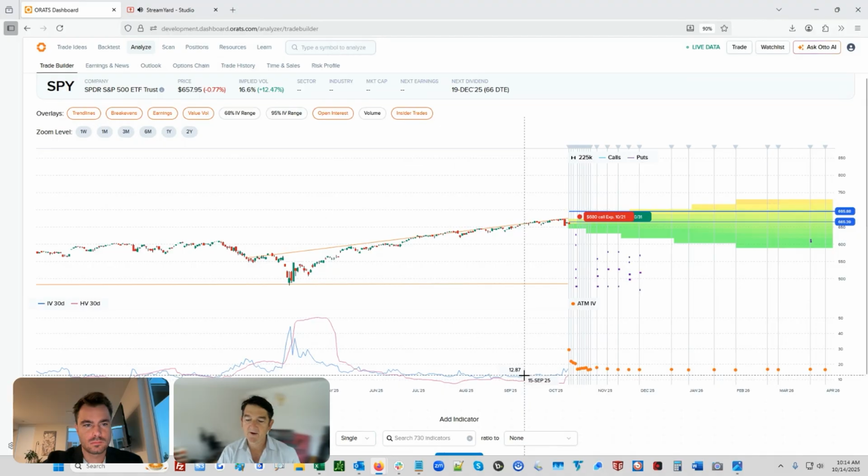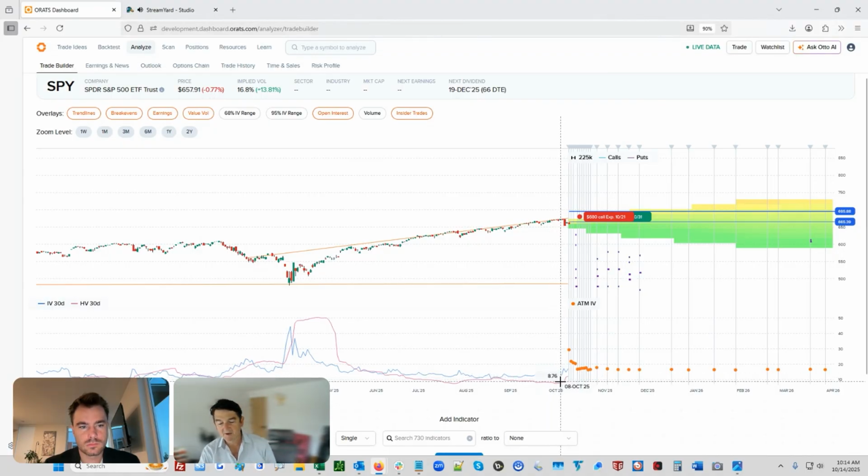The blue line, the cyan line, the implied volatility of the 30-day, has been way above the historical volatility. And as I said before, our forecast is based on historical volatility. So that's the reason our forecast is so much lower.